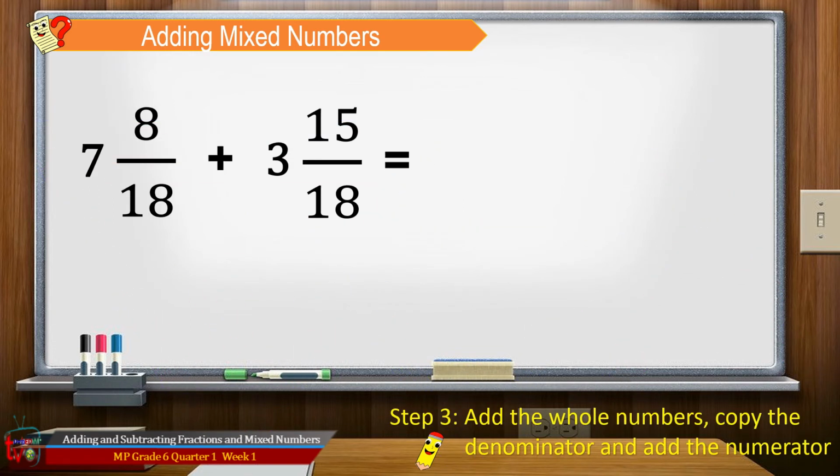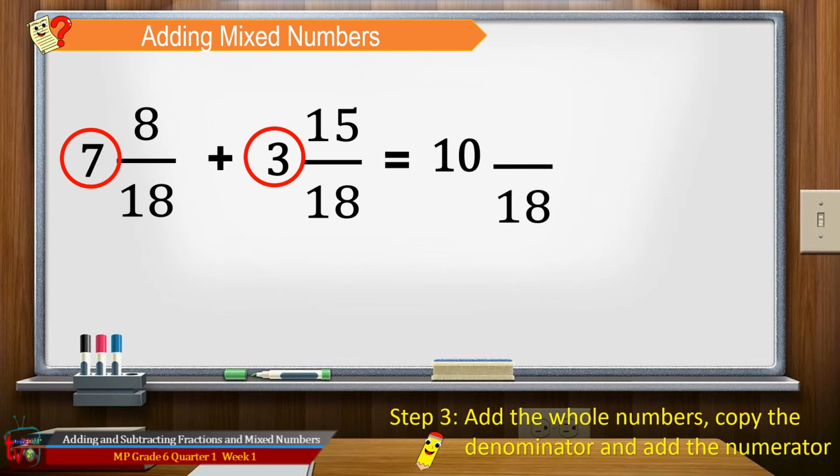Step 3. Now that they have the same denominator, we can already add the whole numbers, copy the denominator, then add the numerator. In this case, 7 plus 3 is equal to 10. Then, copy the denominator, 18.